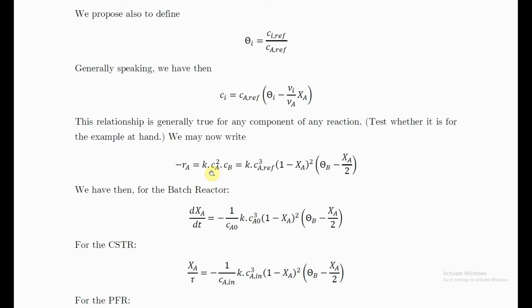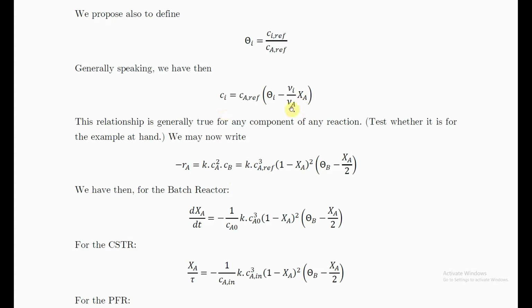As long as we've got k times some product of concentrations, we can still apply this formulation and translate each of those concentrations into conversions. So applying this doesn't require that we have an elementary or non-elementary reaction.